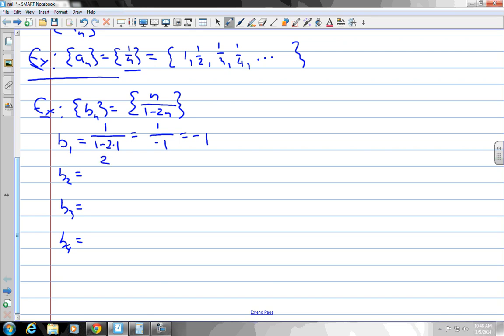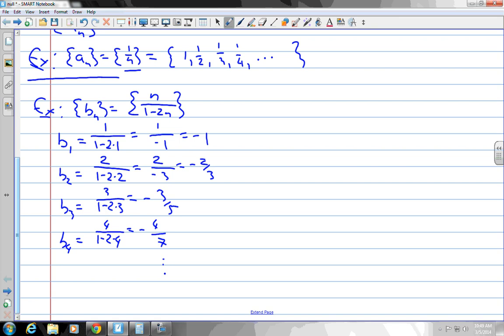On the next one, it's 2 over 1 minus 2 times 2, so it's 2 over negative 3. So negative 2/3. What is it if you plug in 3? Negative 3/5. You plug in 4: negative 4/7, and so forth.